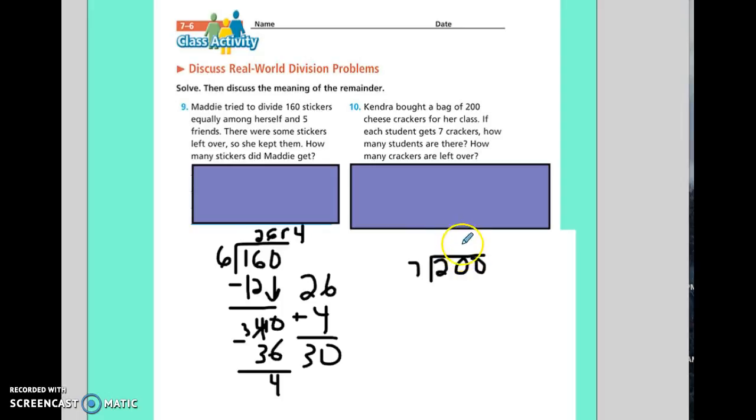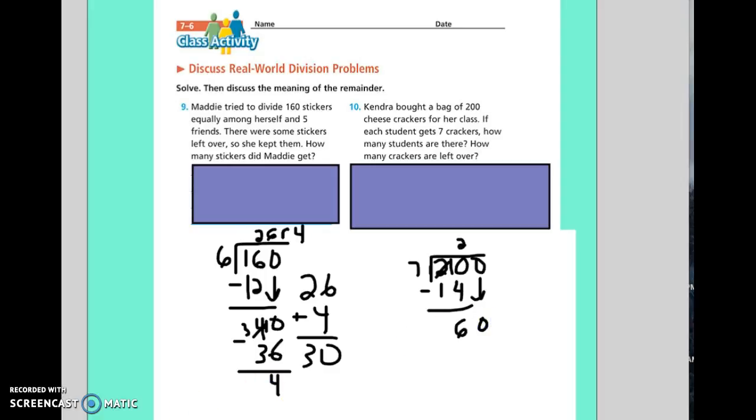So 7 goes into 20 2 times. 7 times 2 is 14. Then I subtract. This is a 1, change this to 10. 10 minus 4 is 6. And I'm going to bring on down this 0.